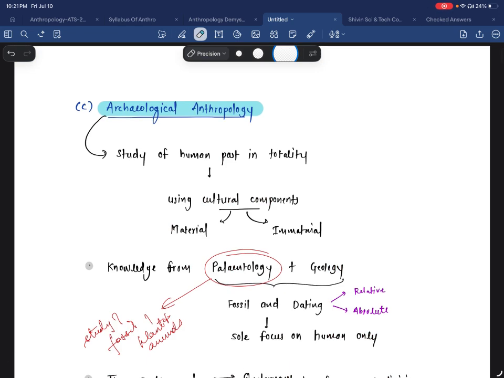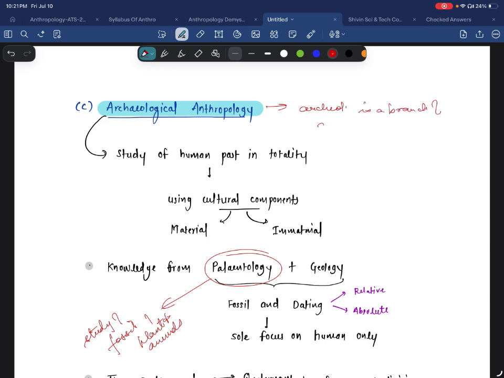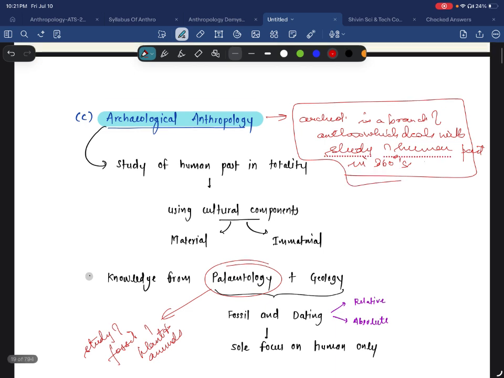Starting with the third branch, that is archaeological anthropology. You can simply address it in a way like: archaeological anthropology is a branch of anthropology which deals with the study of human past in 360 degrees by using material and immaterial components.